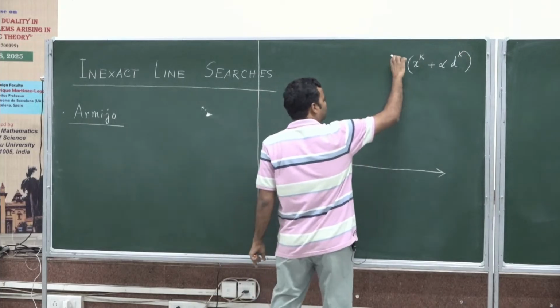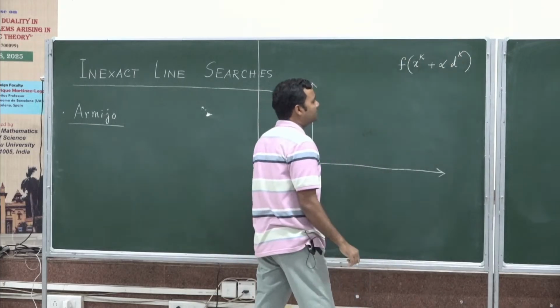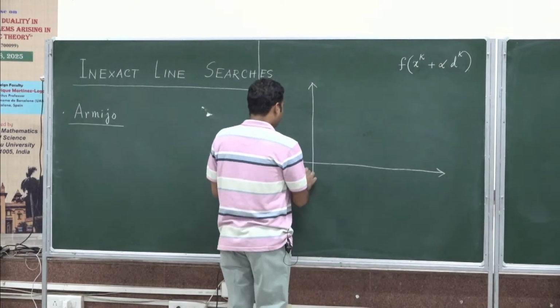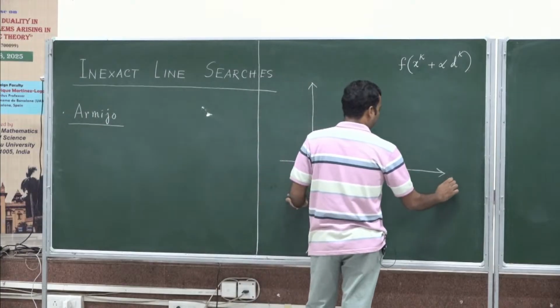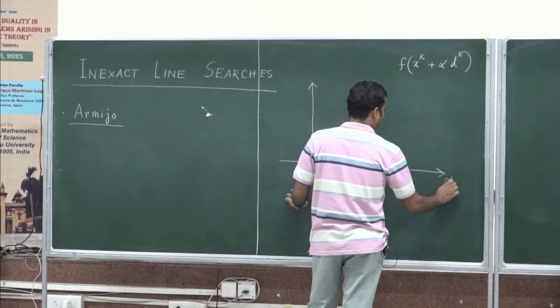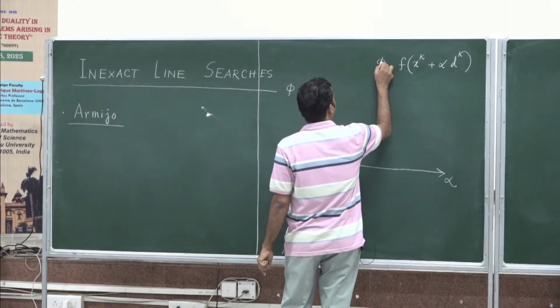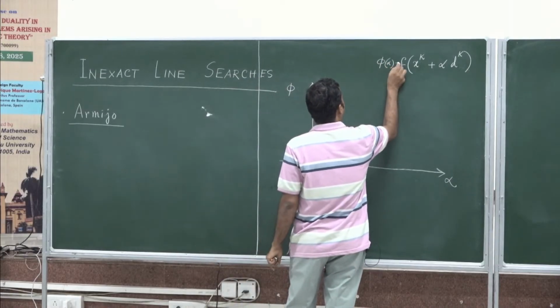So this function along a direction dk is obviously a function of one variable. Let's suppose the alpha variable is along the x-axis, and here goes your function value. Let's suppose the function phi alpha is equal to this.